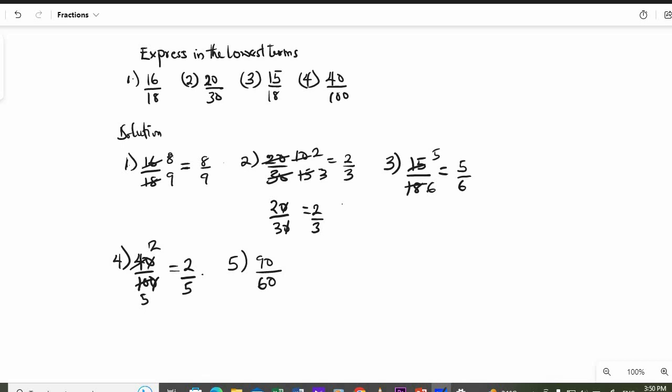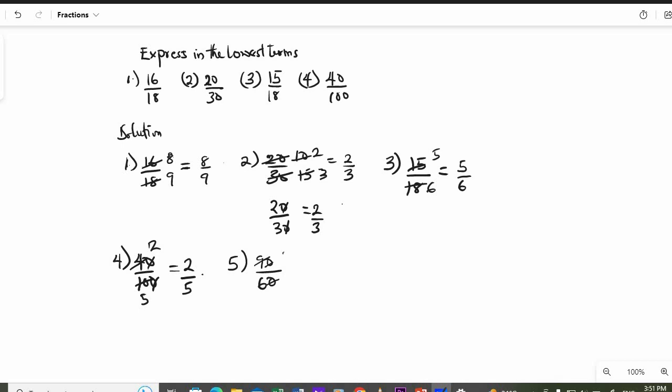Express this in its lowest terms. You can pause the video to give yourself some time to try it on your own while I do the solution. So first of all, we can cancel out the zeros, and then we can divide by 3.